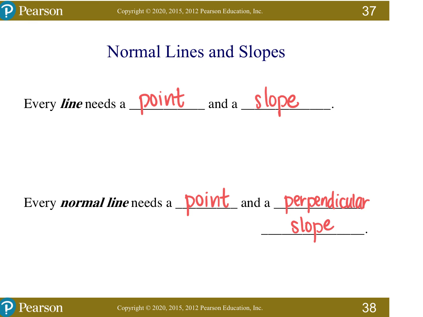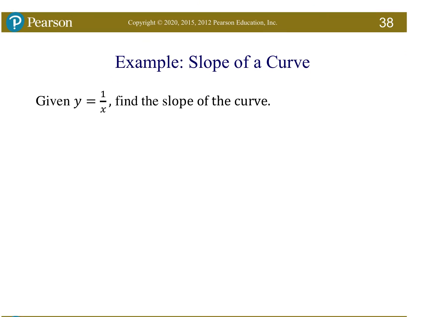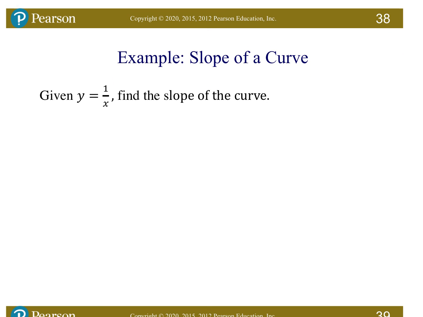So instead of a regular slope, it needs a perpendicular slope. So we're going to try this again. Find the slope of this curve, and then we're going to find the normal slope of this curve. To find the regular slope, you need Leibniz or Newton. It is up to you.